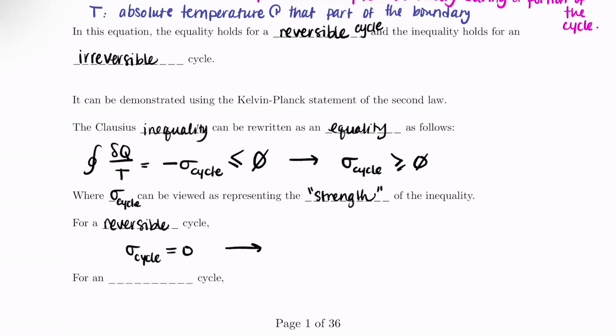And so this means that our integral of delta Q over T is equal to 0. And so I've put a little subscript rev on here. This means that it's for a reversible cycle.